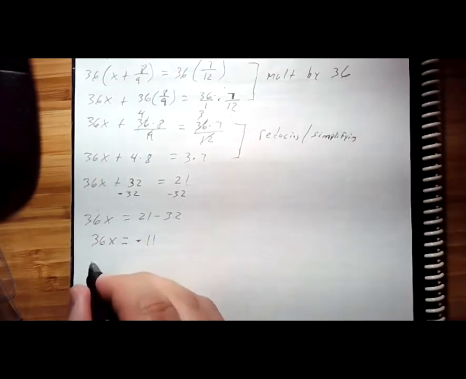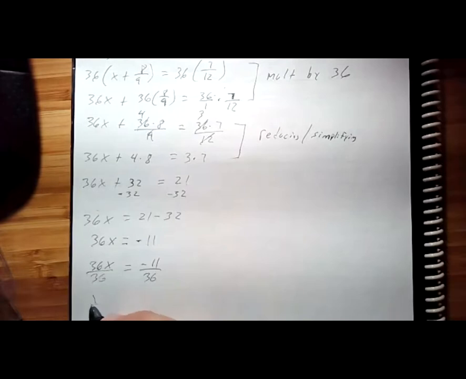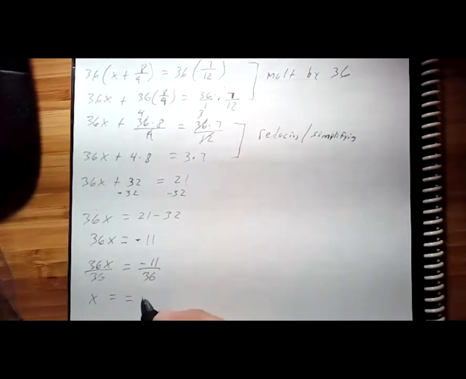Okay, so now the last step, right? Divide by 36. So here we avoided dealing with fractions because we canceled them.